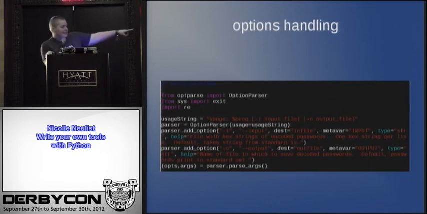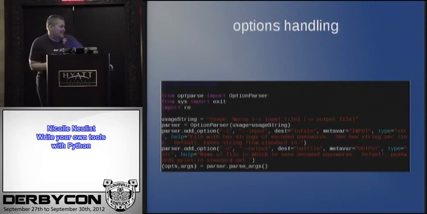And then you create an instance of the option parser, and then parser.add_option. I'm sorry, I think the red is a little hard to read, and I'm really sorry about that. I will have my slides up so you can look at it in detail. I'm just trying to talk my way through it so y'all know what I'm getting at. Vim likes to put my strings in red, and I actually don't use IDLE all that much. I edit my text in Vim generally.